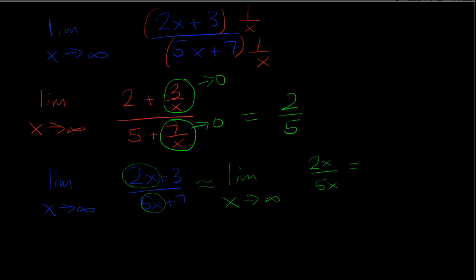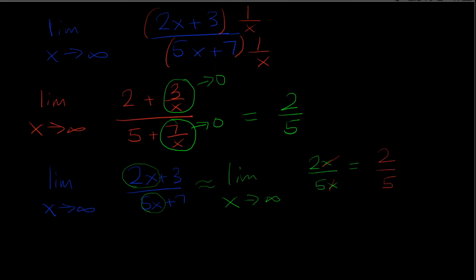And then if we use some algebra, the x's cancel, and you're just left with 2/5. So this is a nice little way to solve these problems. But oftentimes, teachers will want you to show your work, so the top method is better to get full credit.